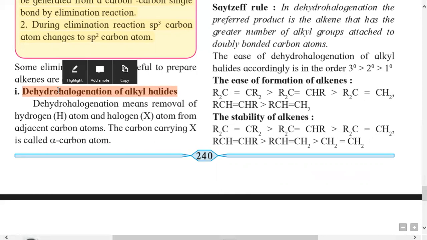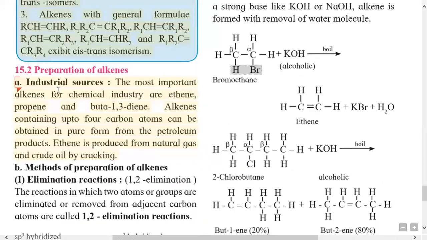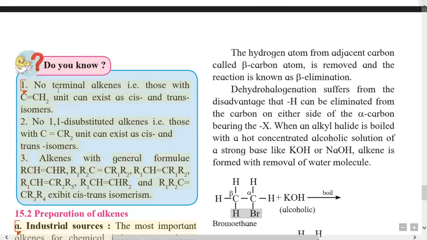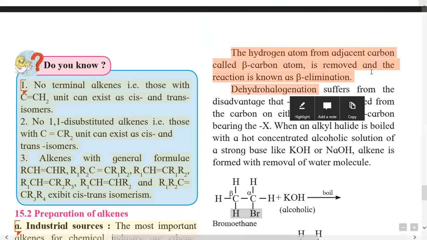The carbon atom carrying X is called the alpha carbon atom, where X is a halogen, and H is present on the beta carbon, and therefore this reaction is also called a beta elimination. The hydrogen atom from the adjacent carbon atom is on the beta carbon, and hence this reaction is called beta elimination.